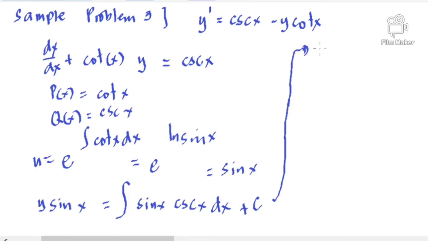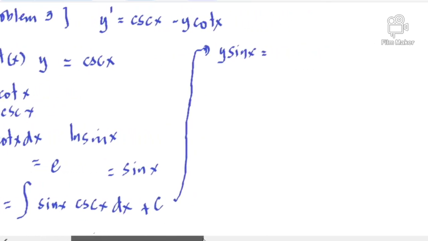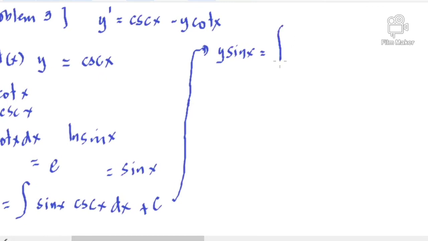Yan. So, we have y sine x is equal to, ayan, sisimplify natin yan through identities. Di ba meron tayong tatawag na reciprocal identity? So, sine of x, ano nga ulit yung cosecant? Sine of x. Ang reciprocal ng cosecant ay 1 over sine. So, we have 1 over sine x dx plus c.